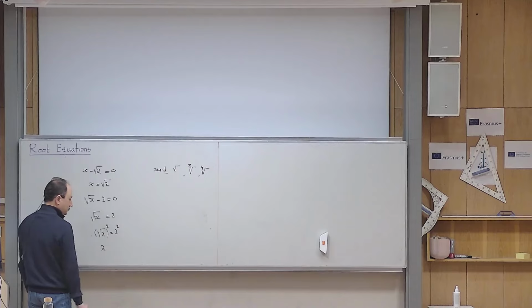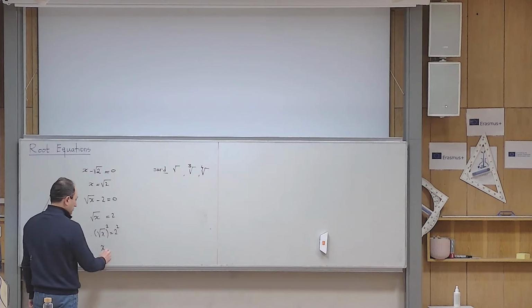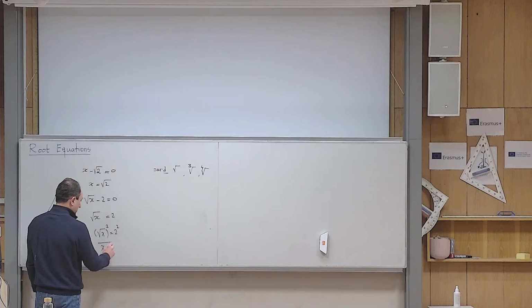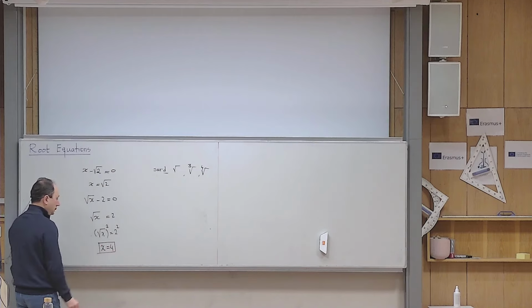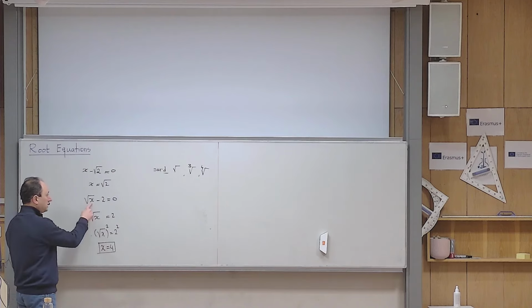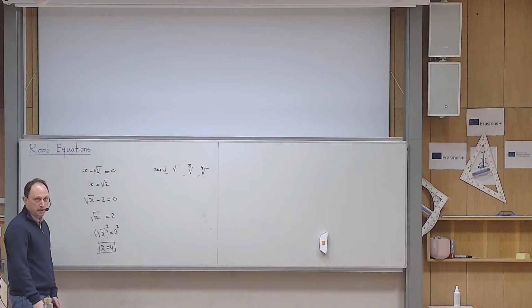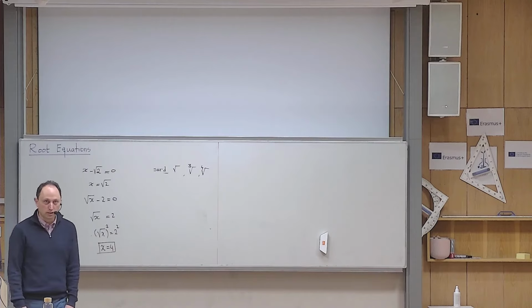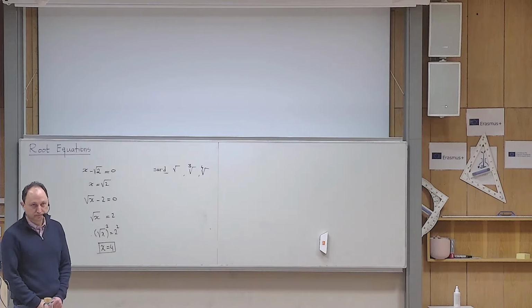You get x. On the right-hand side, 2 to power 2 is 4. If I ask you the meaning of this number 4 you found, you will tell me this is the only number that if I replace x with it, the left-hand side matches the right-hand side. Then I would say x equals 4 is a solution.